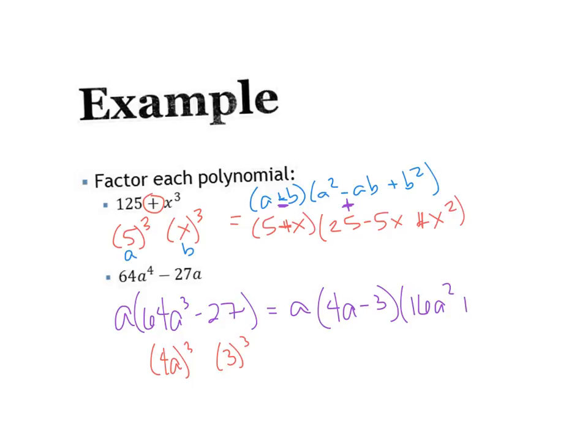It's a plus. a times b is going to be 12a. And plus b squared is going to be plus 9. I was using 4a as my a and 3 as my b. If you didn't get that one, you really might rewind and play again. It's going to be important that you know the placement of those numbers.